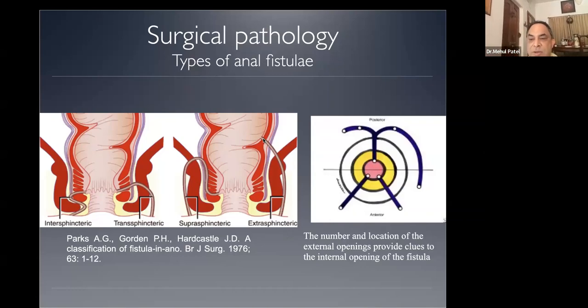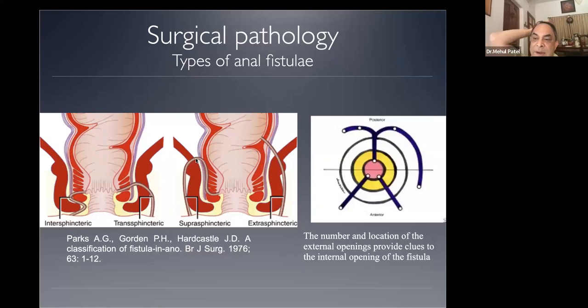So usually associated with Crohn's disease. This is very rare. This is seen in 5% of cases. And the one that is seen in about 10% of cases is suprasphincteric, whereby the fistula tract will go outside the external sphincter, will go up to the levator plate, but not above the levator plate.